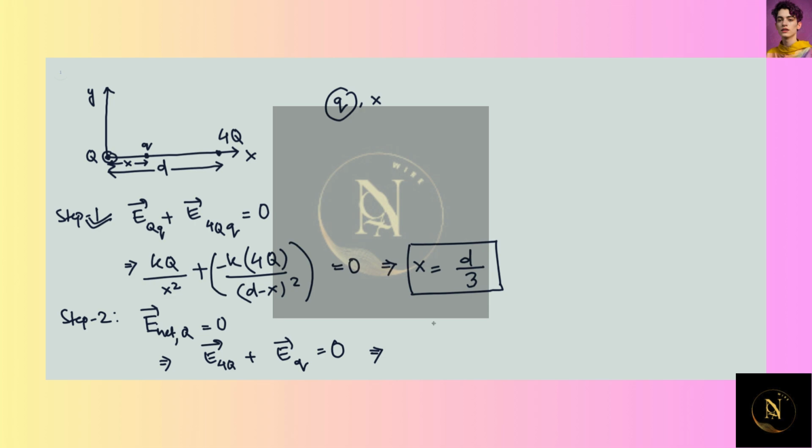So let's substitute the equation. E due to 4Q will be equal to k times 4Q over the square of that distance from the point we are considering, so that is d square, plus kq over x square. And that should be equal to 0.